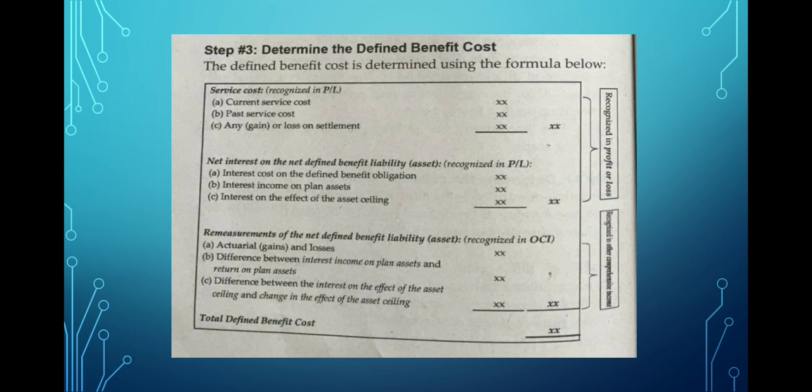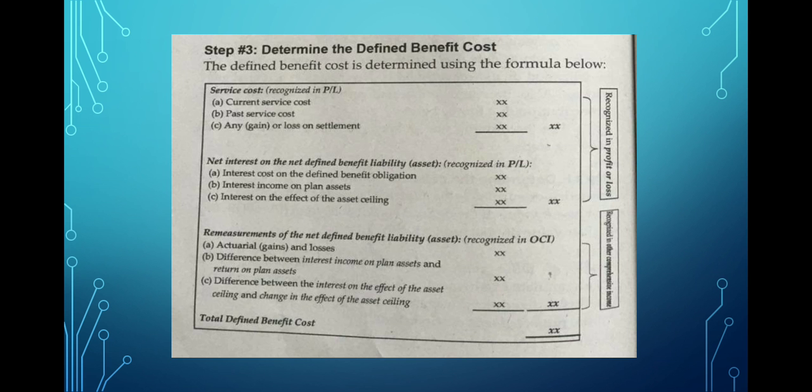So in here, we have the service cost, and this is recognized in PL, or the profit or loss. So we have the current service cost, the past service cost, and any gain or loss in settlement.